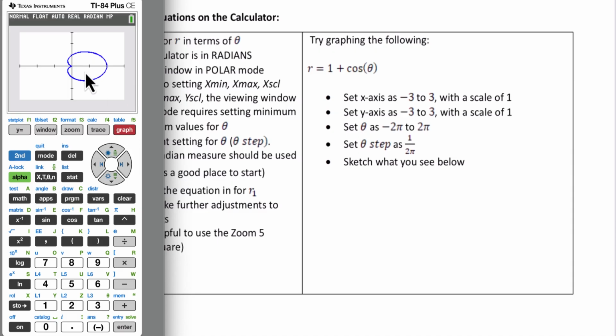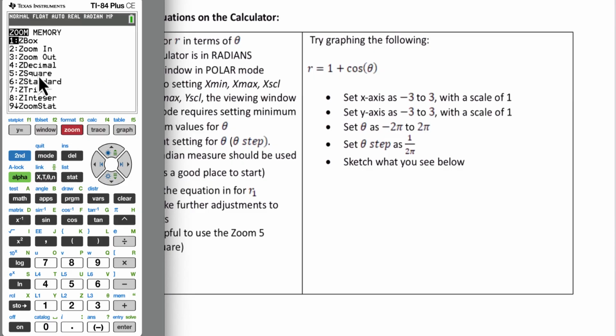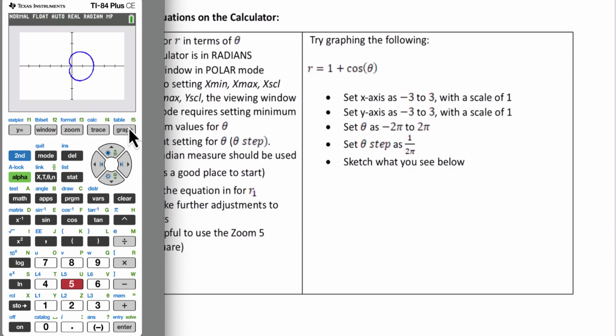It's a little skewed here because the window is rectangular and not square. If we wanted to make it look square like the rectangular system, we can hit zoom 5, zoom square. That will make the graph look a little more like an actual cardioid. So this again is using technology.